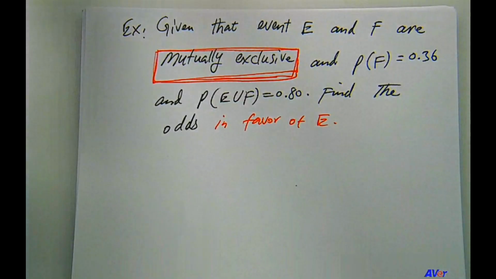The events were independent, we were told, and we looked for the odds against E. Here, we are told that the events are mutually exclusive.